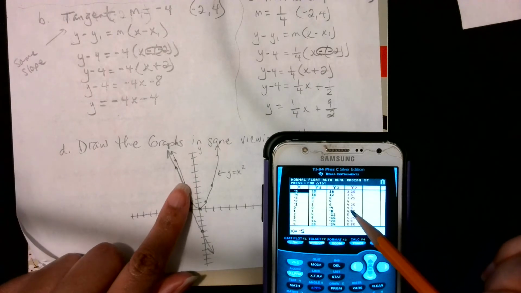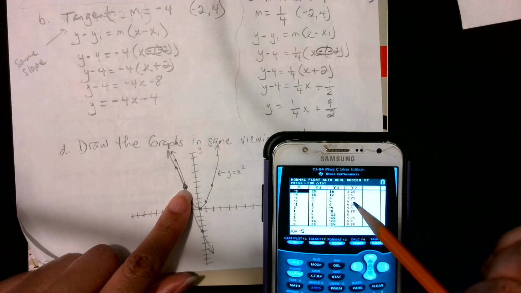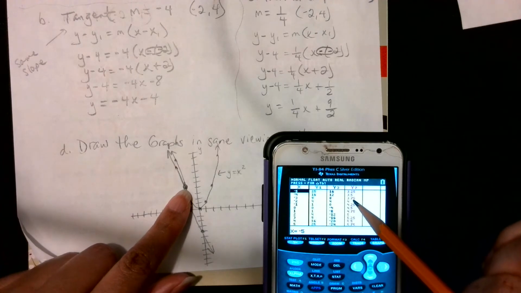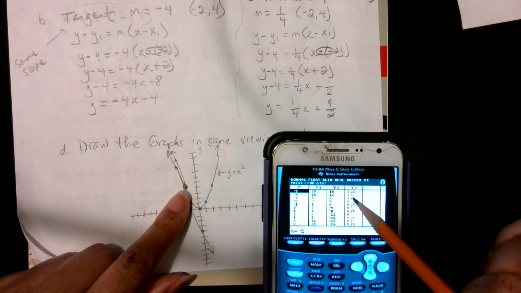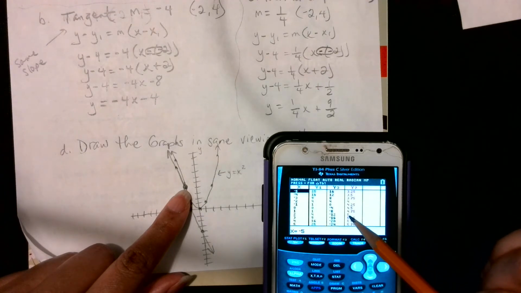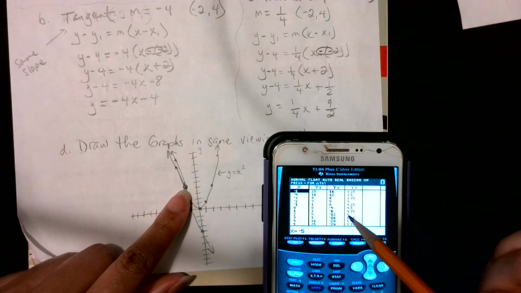So I tried to make that a little darker than all the rest, since that's the point where we want our slope.